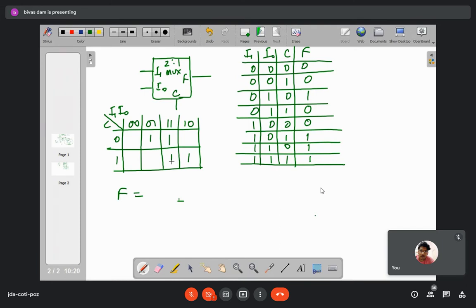I think this is the map. Please verify it. Don't blindly copy mine. Okay? Yes, sir. Then I have to go for the PI formation.